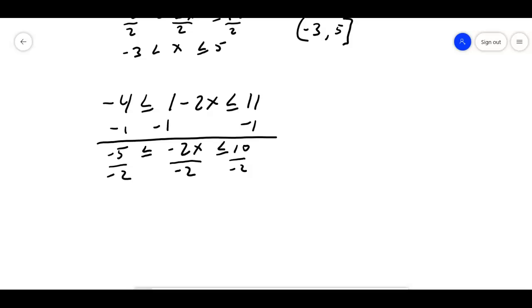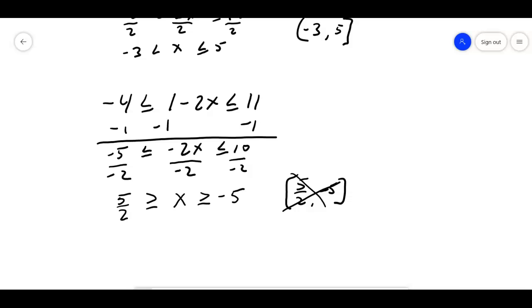So over here, negative 5 over negative 2 is positive. Your sign's going to switch. This is now x. This sign switches as well. 10 divided by negative 2 is negative 5. Now the thing is, you can't write it this way. This is completely wrong.